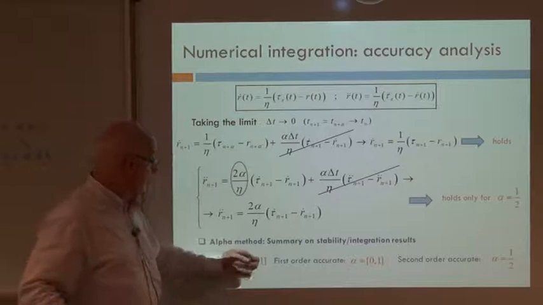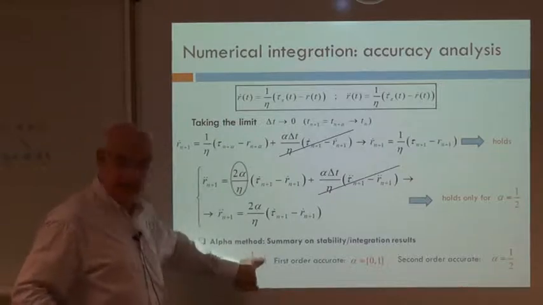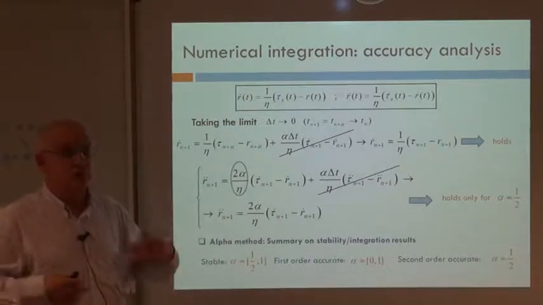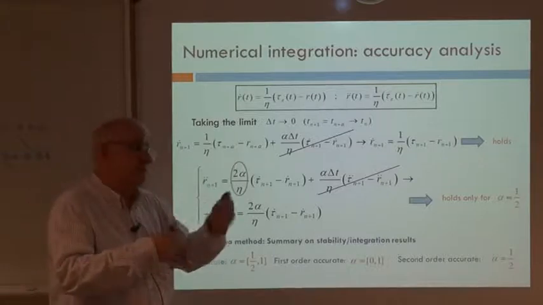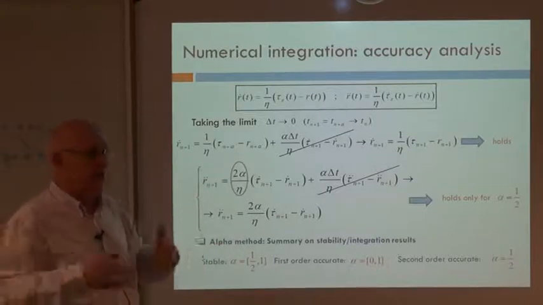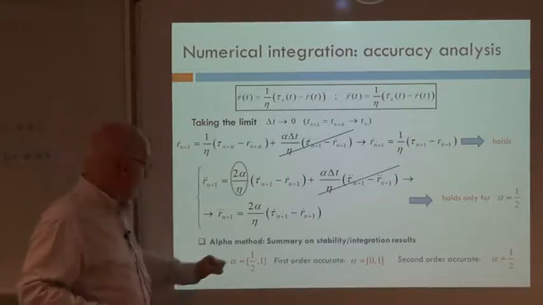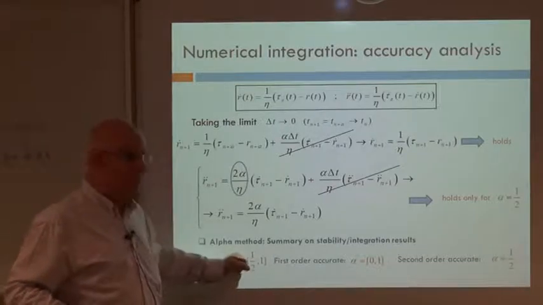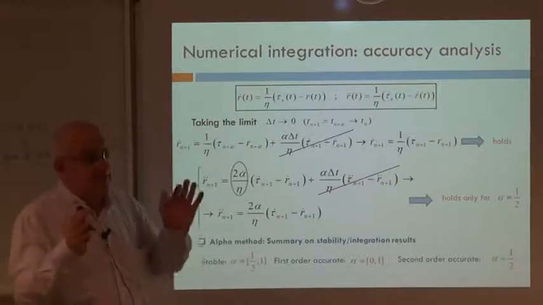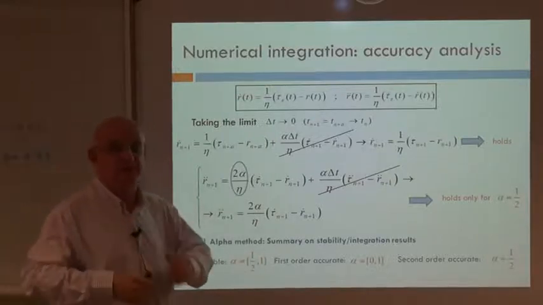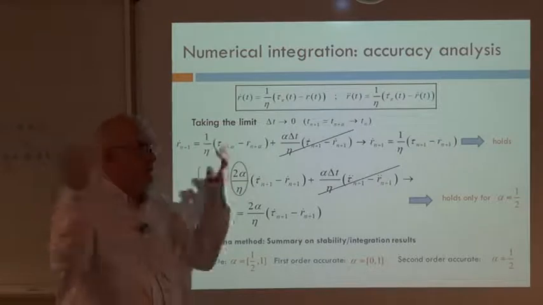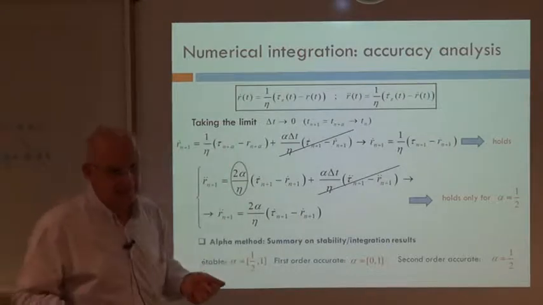And you will see that in this range of alpha, you will obtain solutions that, okay, will be different from each other, but you will never have explosions. But as alpha is smaller than 1/2, if you have large enough time steps, you have explosions.